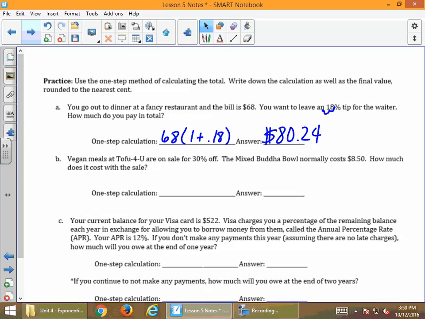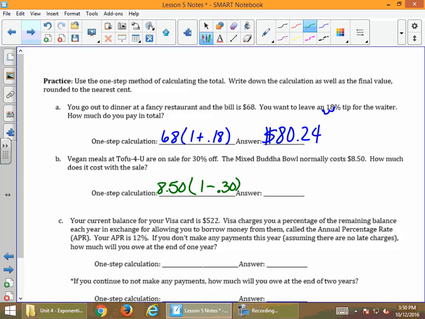So if you're taking off a percent, you're not adding it to 1, but subtracting it. You take the original amount, and this time, because we're taking away 30%, you're going to subtract. And again, 30% as a decimal is 0.30. When you plug that into your calculator, you should get $5.95.